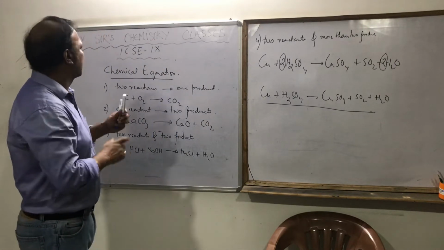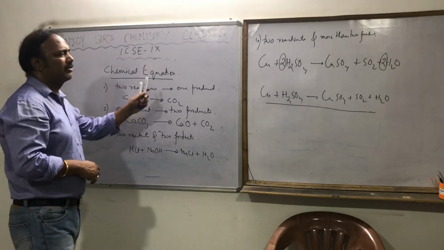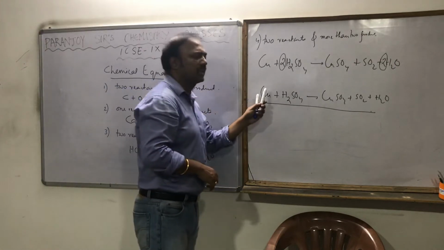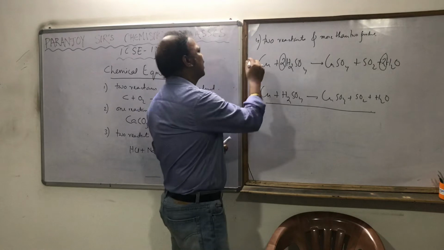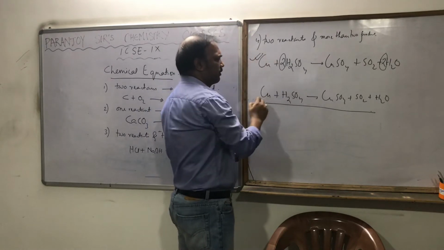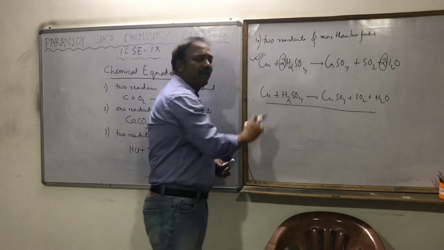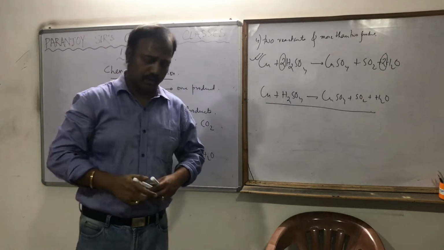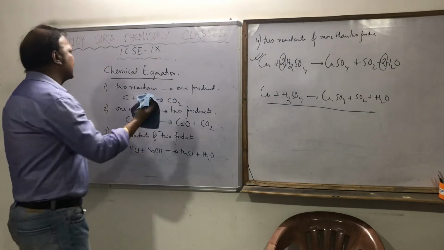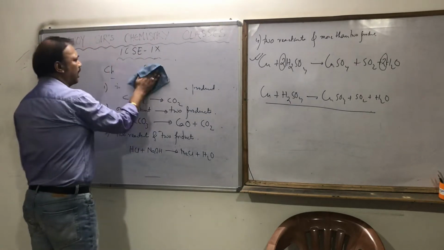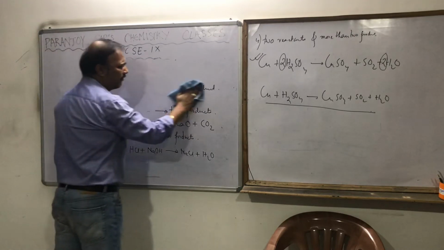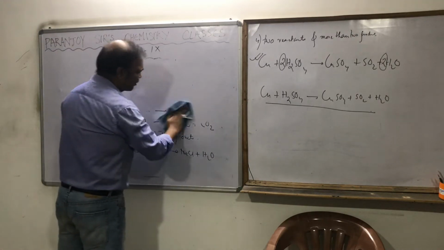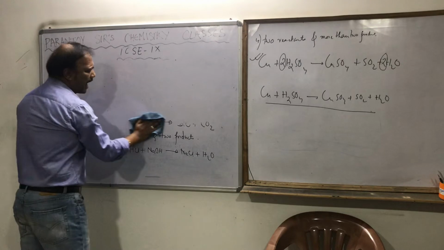So this is the basics of a chemical reaction, and this is what we call the skeleton chemical reaction. This is a base skeleton of a chemical equation. Now this skeleton chemical reaction is not appropriate. We have to add flesh to it. Flesh means we have to balance the equation.